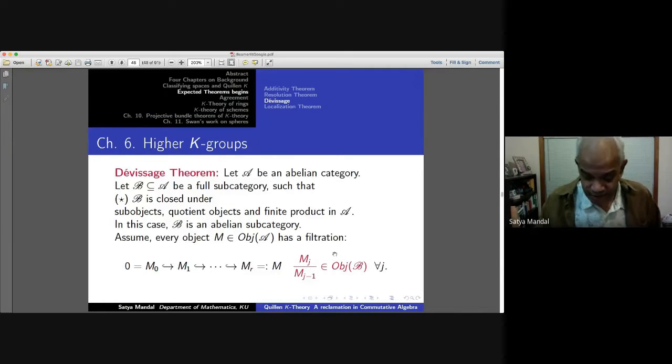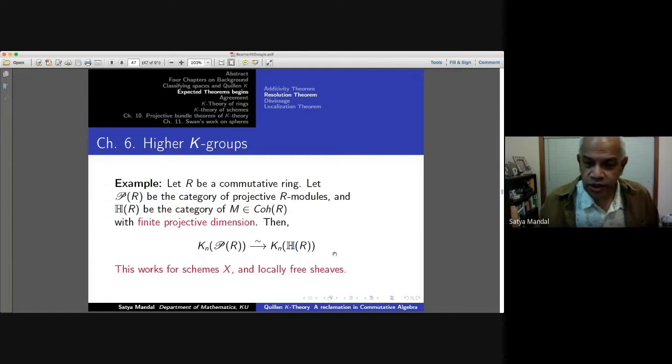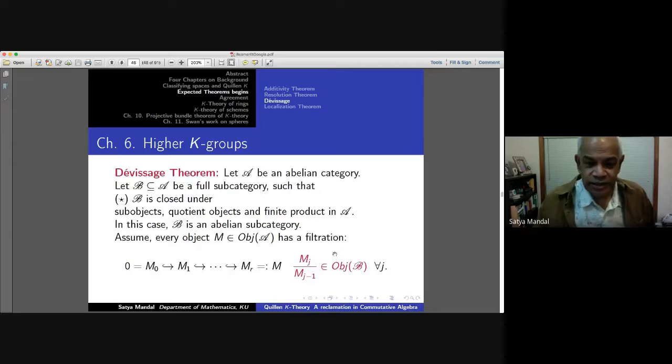What else do you expect? So the resolution theorem you expected, and I gave you that. What is the other theorem you expect? That the K-theory of R, a ring, should be the same as the K-theory of the corresponding reduced ring. We expect that. Actually, I will show you that doesn't always work, but at least for coherent. So anyway, I stated a theorem.